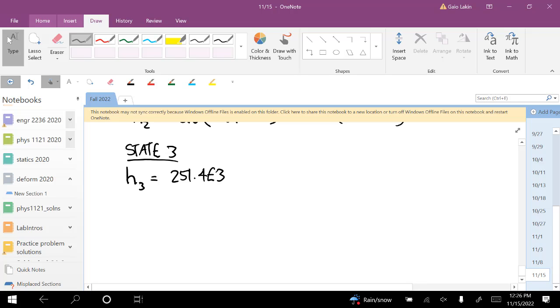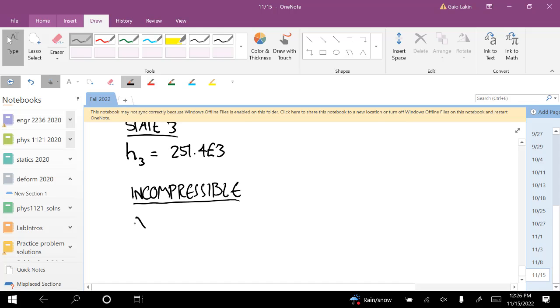So for incompressible, the change in h is equal to the change in specific internal energy plus the change in pressure times volume.